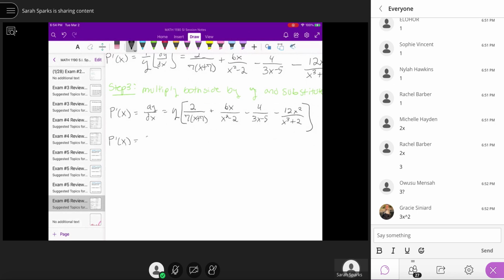So p prime of x equal to dy dx, and our y was equal to x plus 7 to the 2/7 times x squared minus 2 cubed divided by 3x minus 5 to the 4/3 times x cubed plus 2 to the 4th.